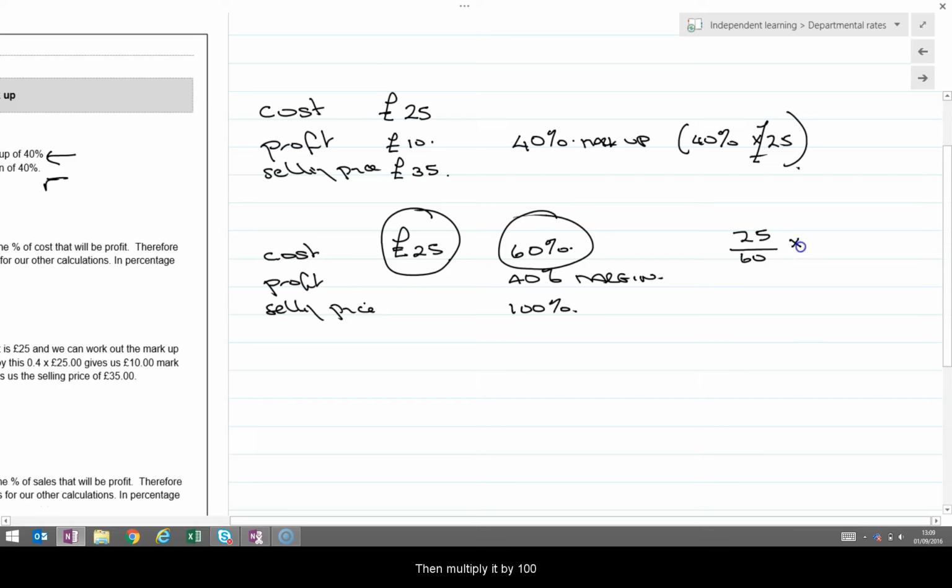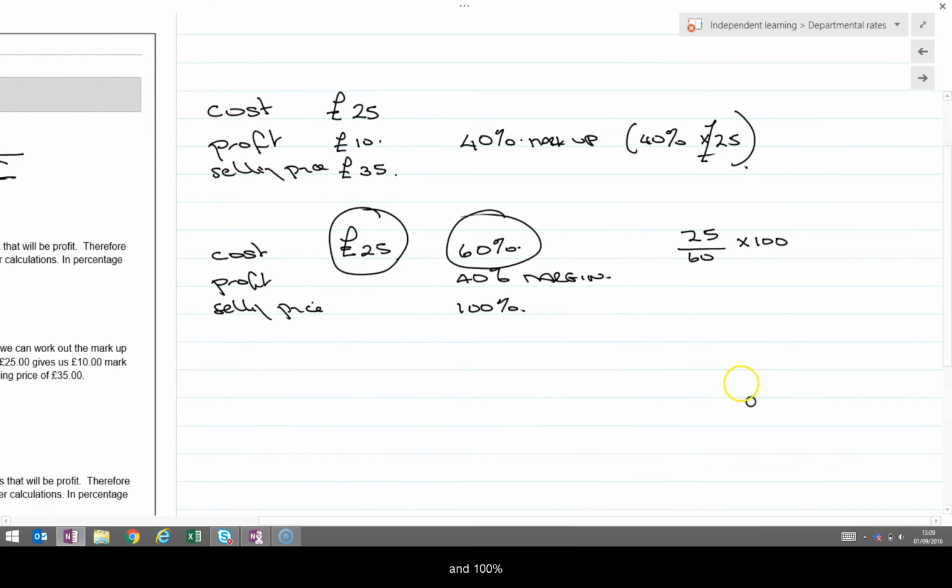Then multiply it by 100, and that tells us what 100% is. And 100% is £41.67. So that is 100%.